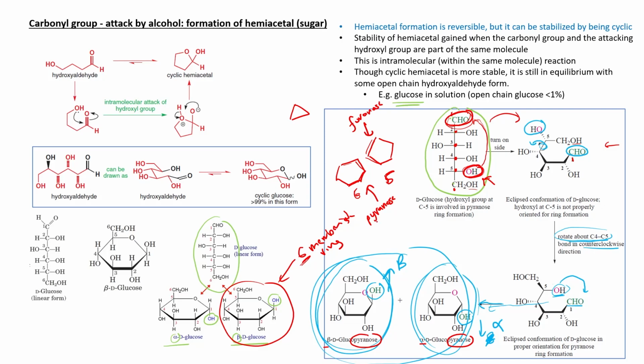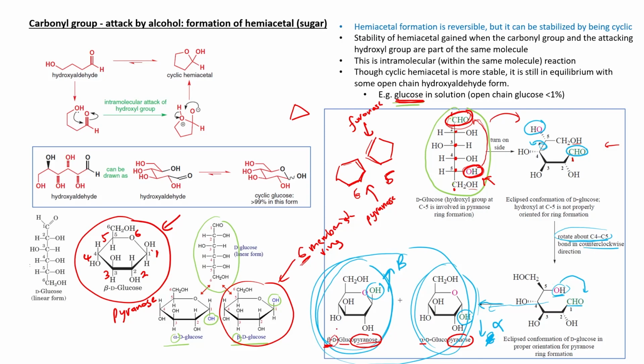Because glucose will convert into a 6-member ring, you have 1, 2, 3, 4, 5, 6. This is what we call the 6-member ring or pyranose form. So that's why beta glucopyranose.